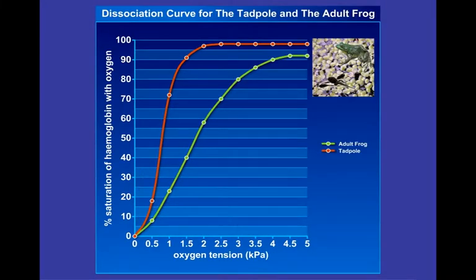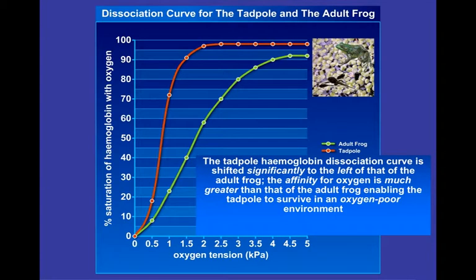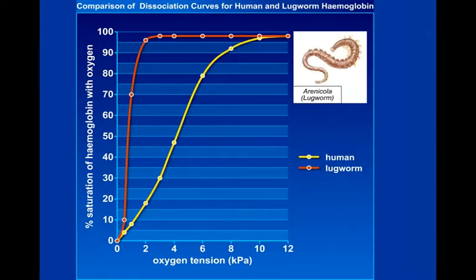In terms of a tadpole and an adult frog, the difference again is that in the tadpole it's shifted to the left. This shift to the left means it has a higher affinity for the oxygen, so it will associate the oxygen at lower partial pressures, taking more oxygen out of the water, which is a benefit for the tadpole. Another classic example is a lugworm. Lugworms are found on beaches.